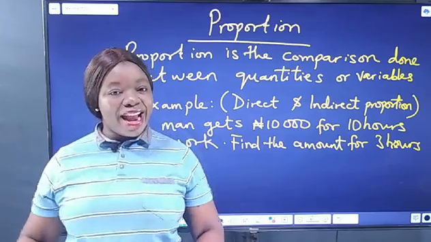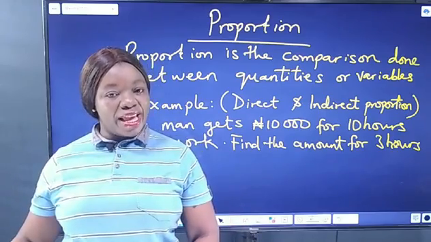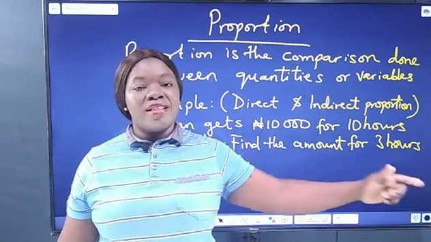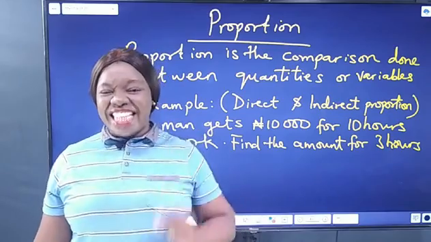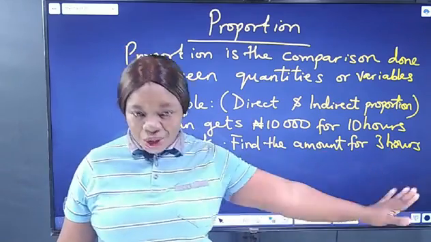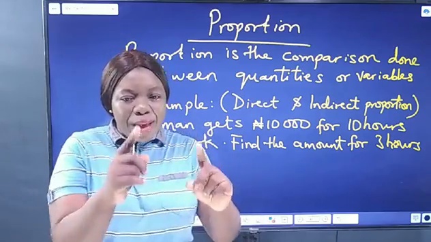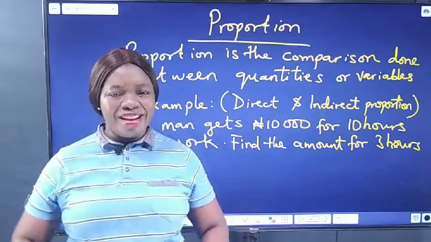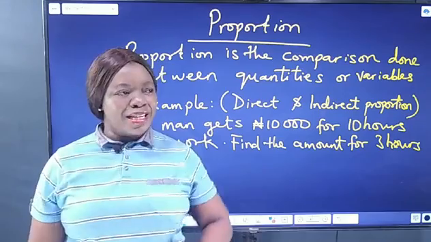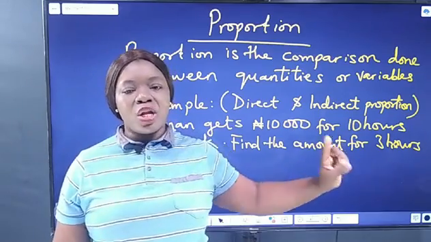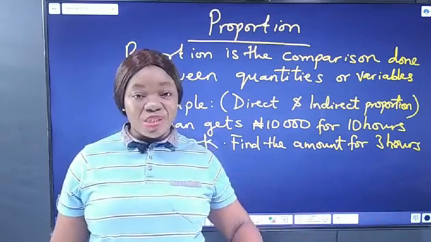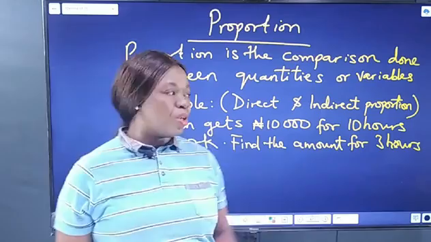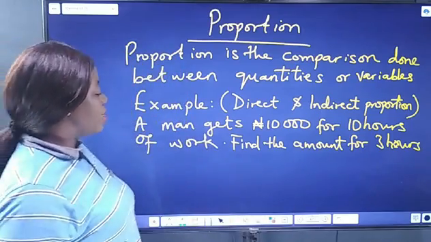So the higher variable A is, the higher the other variable will be. So such is called direct proportion. But a situation whereby the higher variable A is, the lower variable B is, that is indirect or inverse proportion.